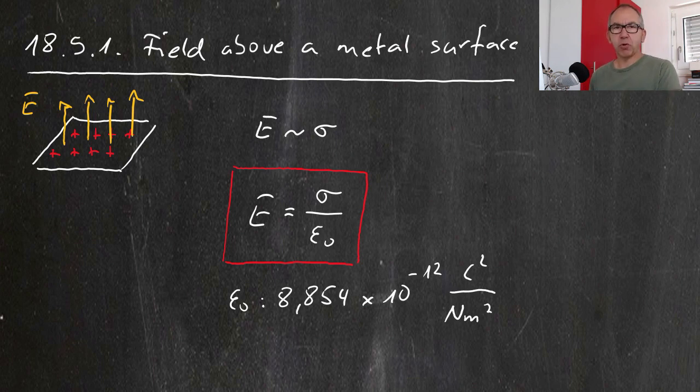Epsilon 0, or the permittivity, is given as, same as in Coulomb's law, 8.854 times 10 to the power of minus 12 coulomb squared per newton meter squared. We can sort of check that using Coulomb's law. Let's do that.